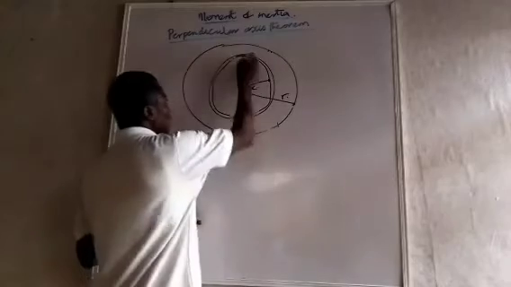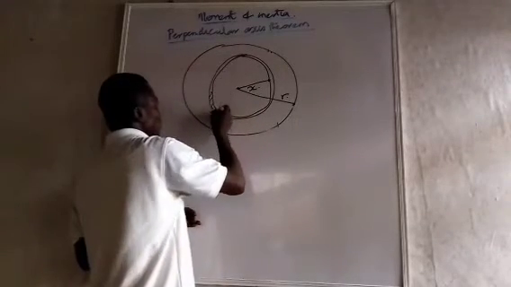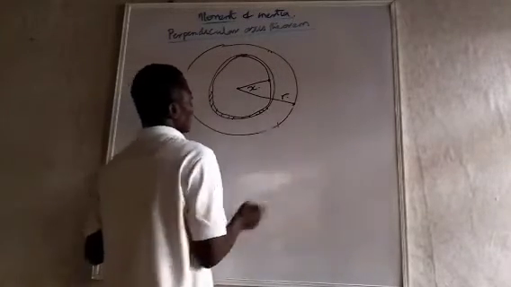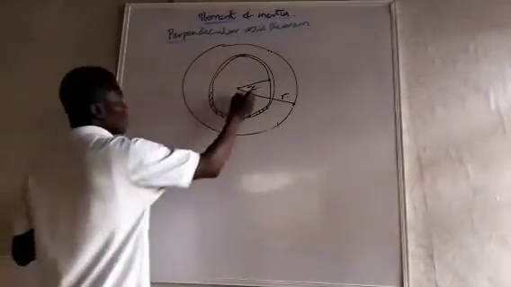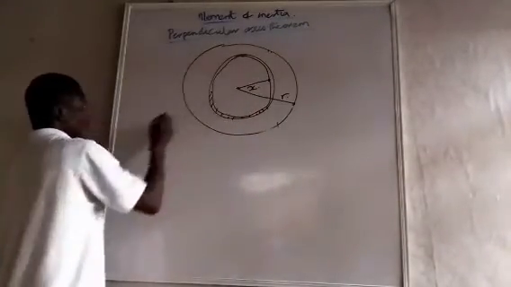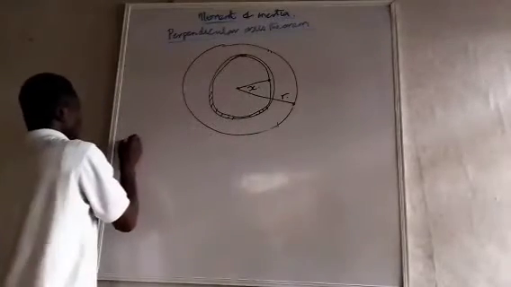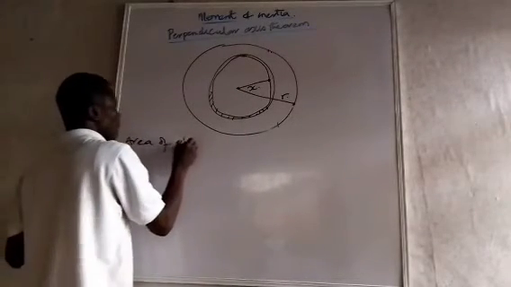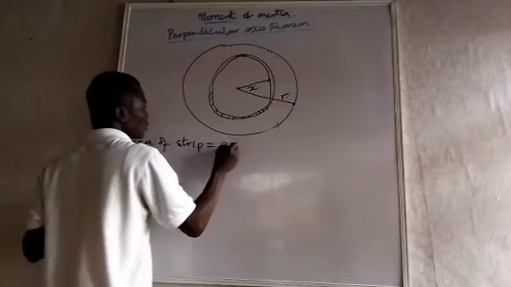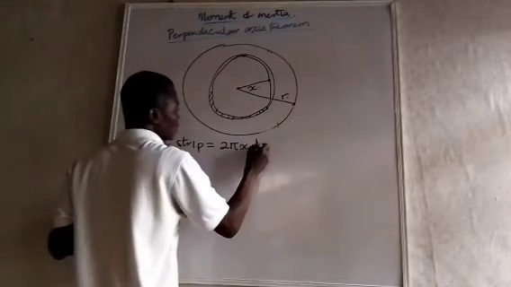You understand? So what is the area of this shape now? Because this place is 2 pi r, this place is round. So the area of the strip is equal to 2 pi x delta x.